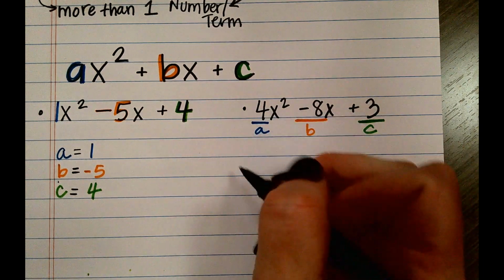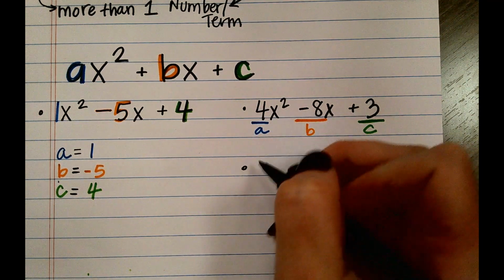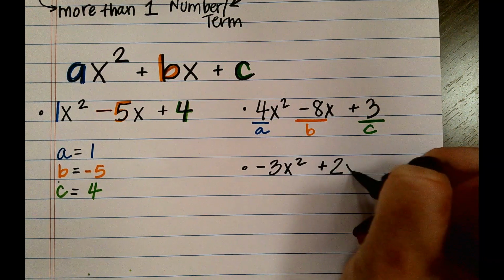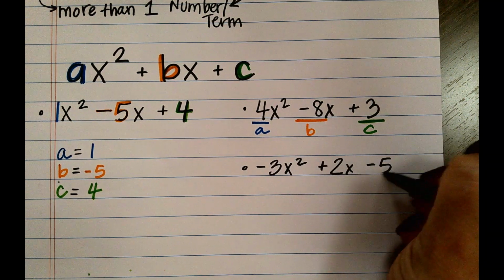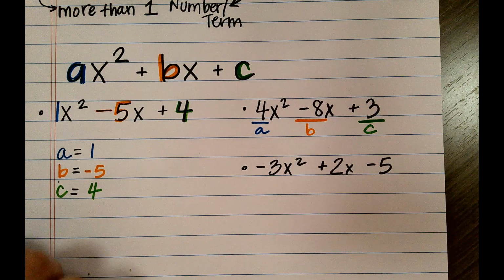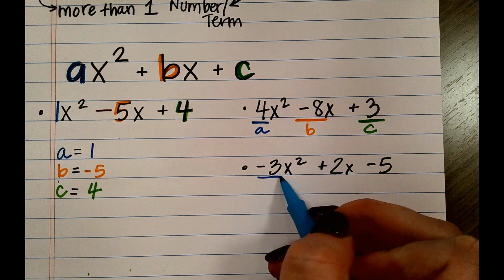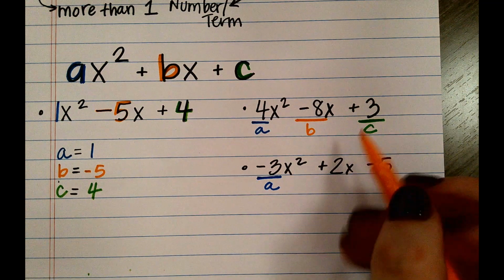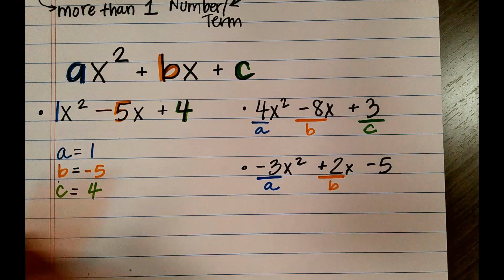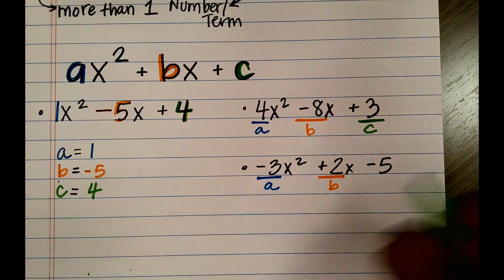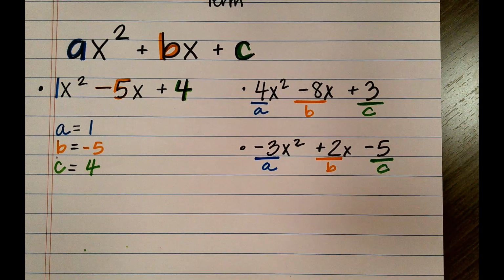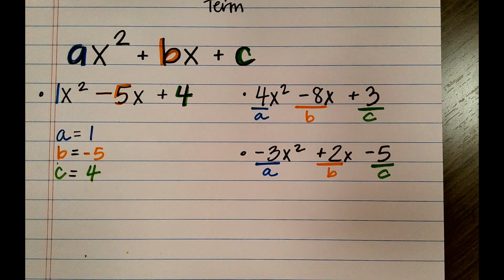Okay, good. How about negative 3x squared plus 2x minus 5? What's A? Negative 3. What's B? 2. C is negative 5. Wonderful. We're just getting used to labeling the letters and the numbers.